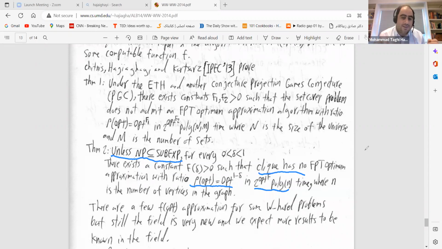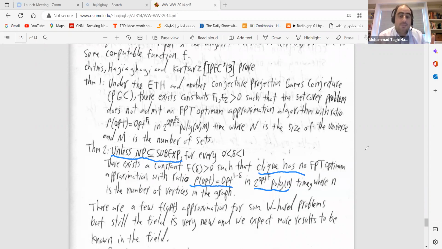This says that there is no such algorithm unless NP has a sub-exponential time algorithm. So if opt is, I don't know, 10, you cannot have any 10 approximation for the problem.